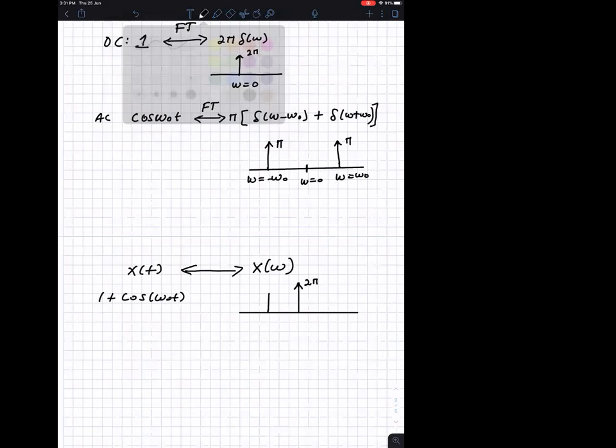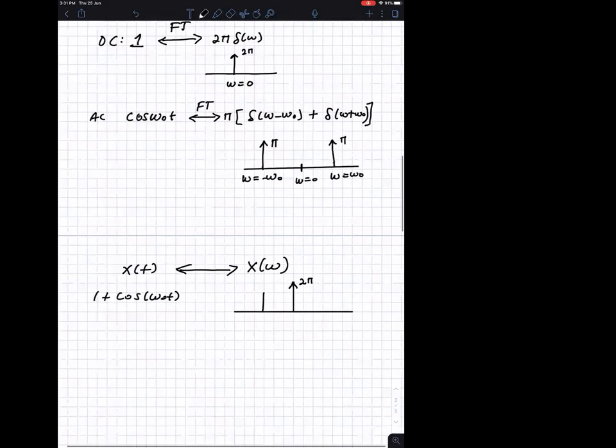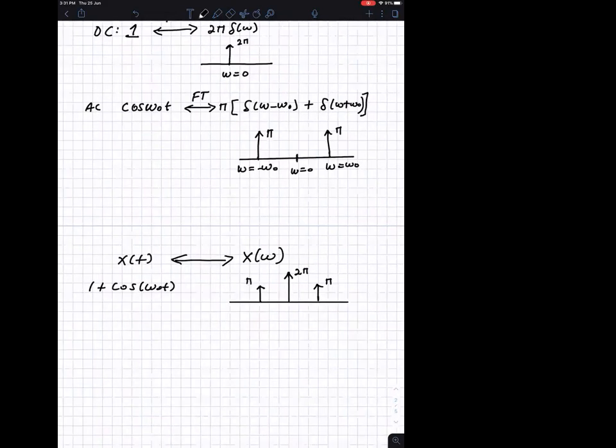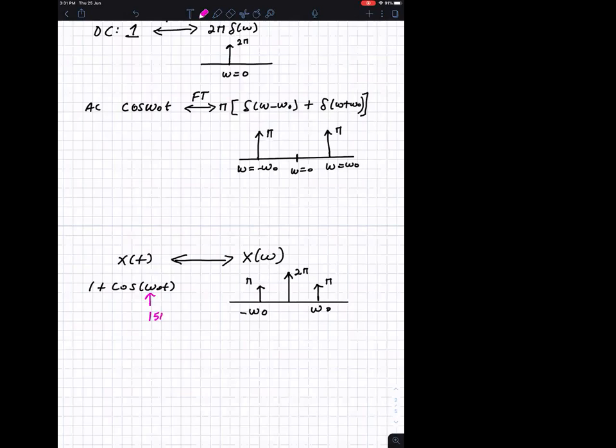The other ones have amplitude pi, one located at minus omega naught, the other at omega naught. You know from here our omega naught is 15 pi. So you're going to replace that with 15 pi.